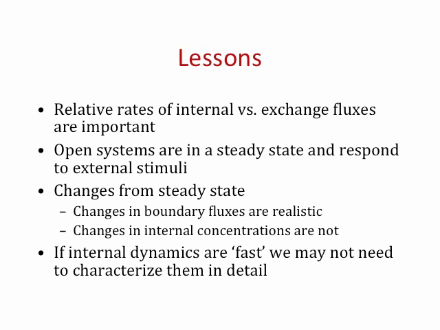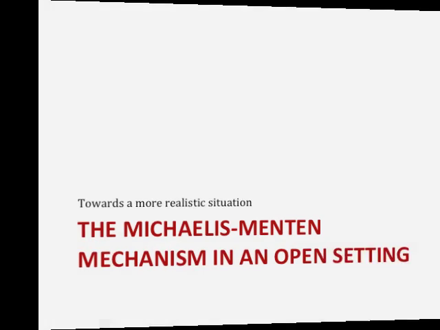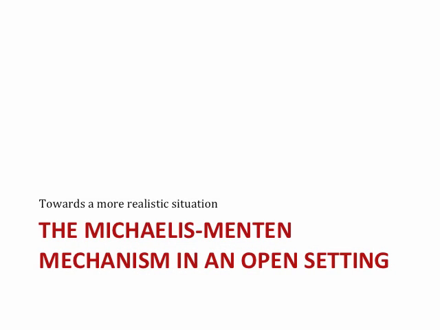We also did learn that if the internal dynamics of a system are fast compared to the boundary fluxes, we may not need to know them in great detail. So many of the lessons relevant to open systems are illustrated by the previous example. It was, of course, a very simple one.